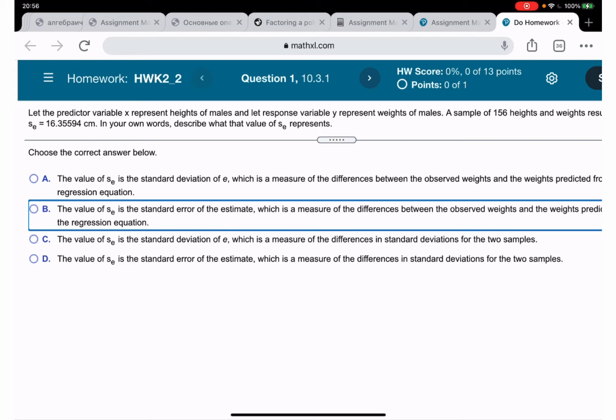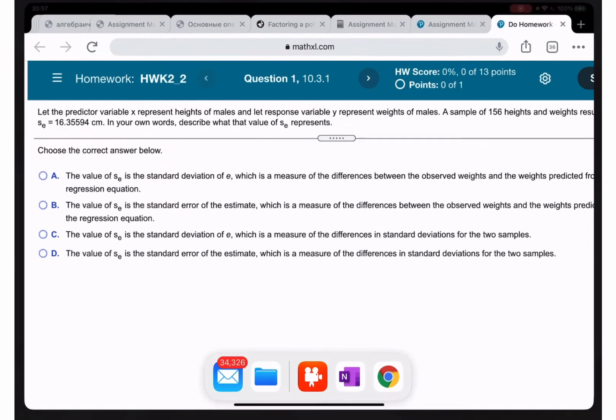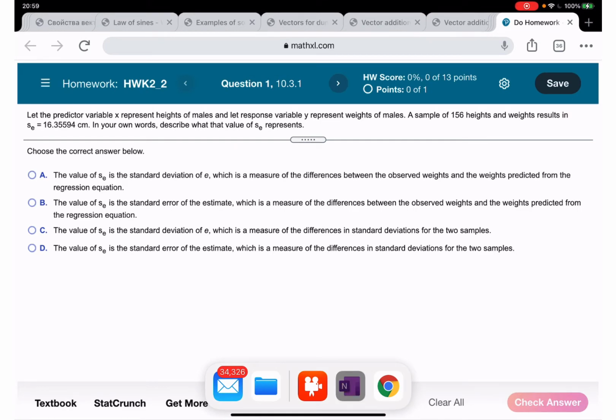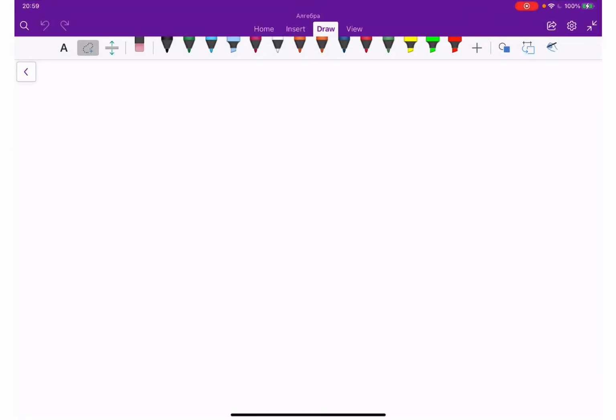Okay? And that standard error measures the difference between observed weight and the weight that is predicted. Remember, we were doing y minus y hat, where y hat was predicted and y is our observed value.